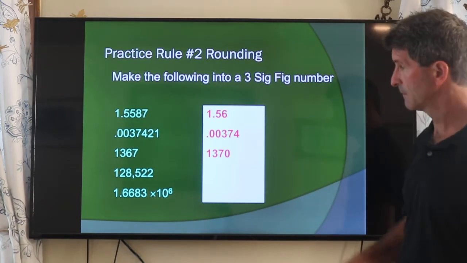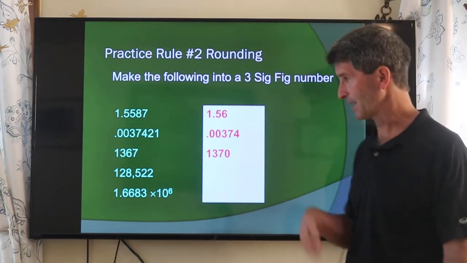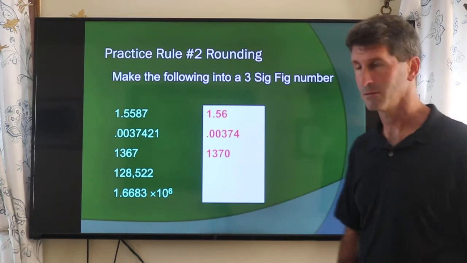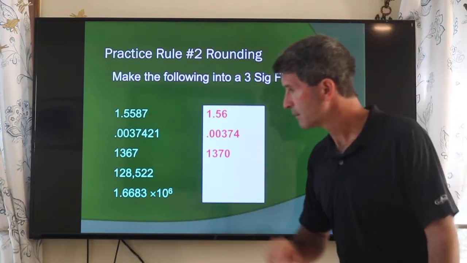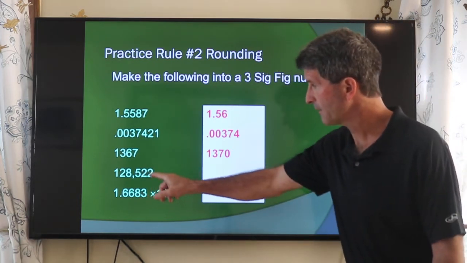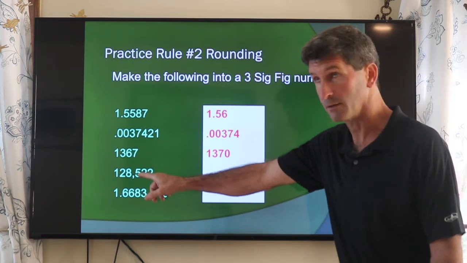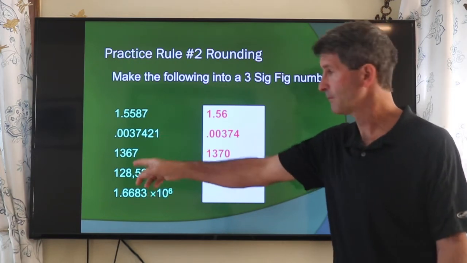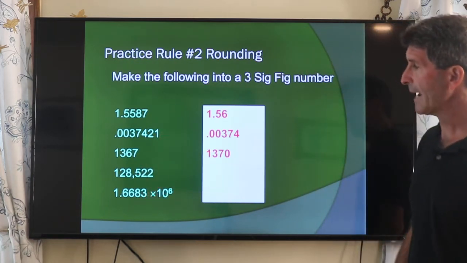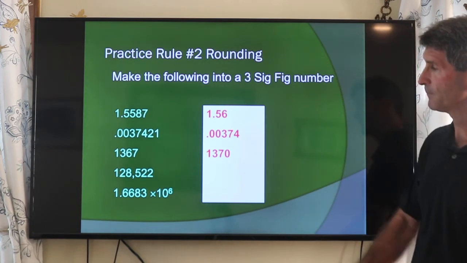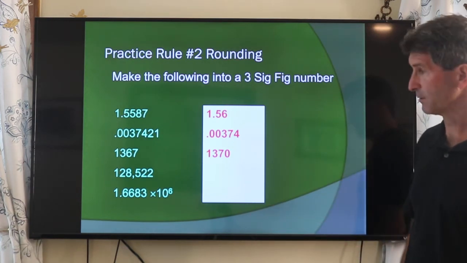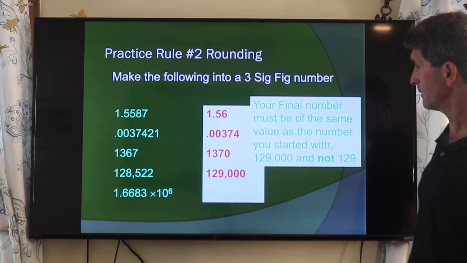Okay? Don't cut off that thing and make it 137. That's wrong. 3 significant figures, so I'm going to cut off the 522, but 5 is 5 and up. 128 becomes 129, and 3 placeholders afterward. There we go.